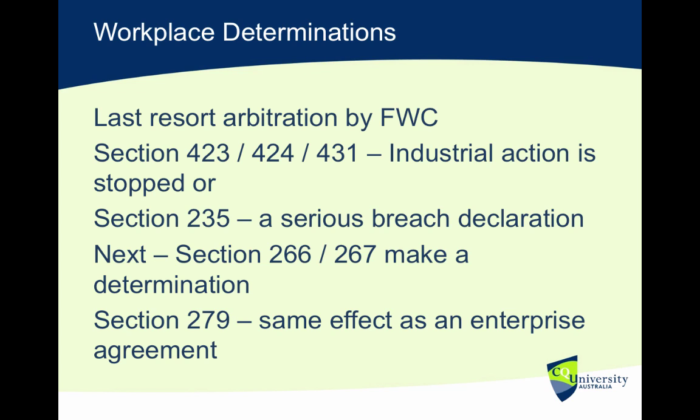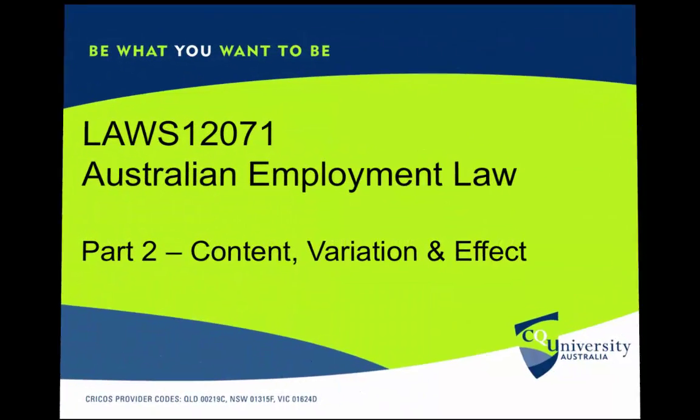Under section 235, a serious breach declaration is made, which virtually says one of the parties is just intractable, will not cooperate. What can happen then is that the Fair Work Commission can proceed to make its own determination. Section 279 says that what comes out the other end will have the same effect as an enterprise agreement, but it's essentially an agreement which has been made by Fair Work.